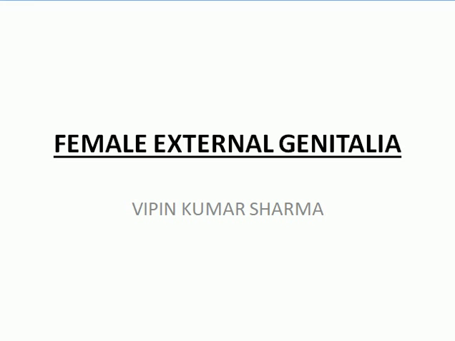In this video, we are going to deal with the external genitalia of the female reproductive system. So basically, what we have done till now in the chapter Human Reproduction: we have read about the male reproductive system. We have completed that. We have completed the spermatogenesis topic.